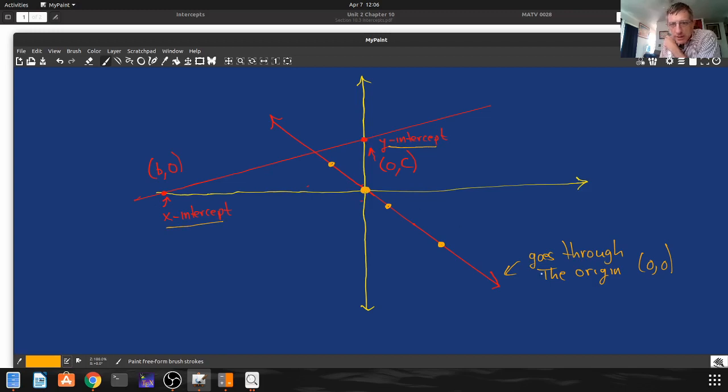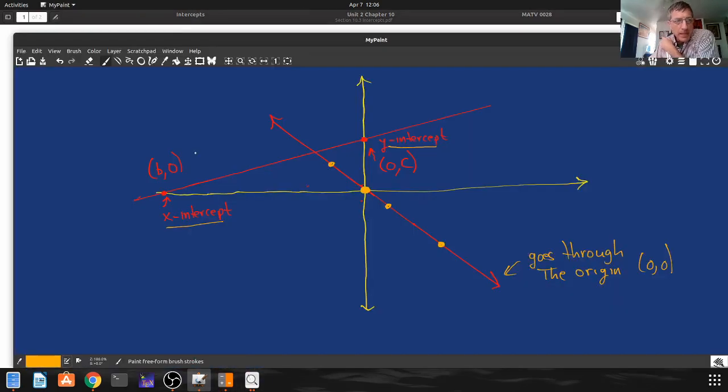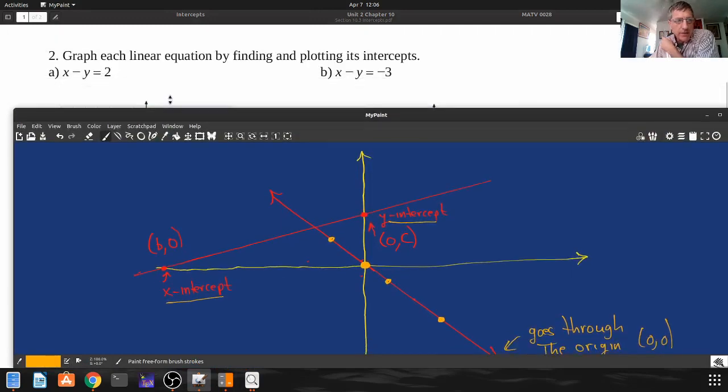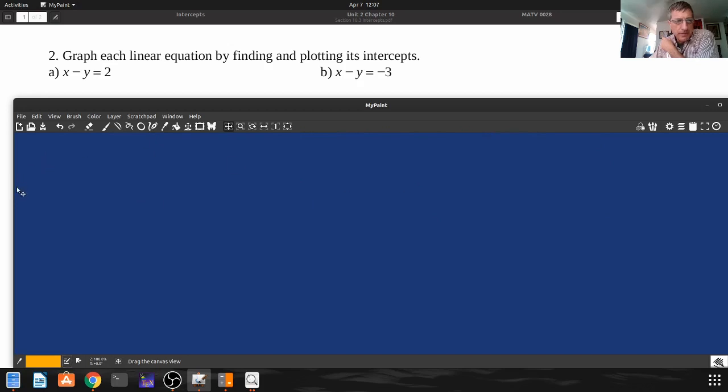Here, since the line goes through the origin, it's not enough to find the x and y intercepts because they're the same. I have to find another point. And I'm telling you all this because that's going to come into play in the very first example they give us. And let's scoot her down and give us some more room.